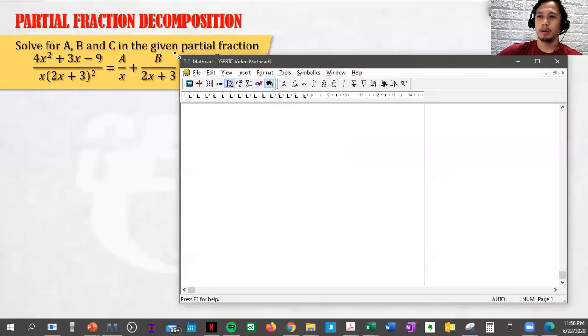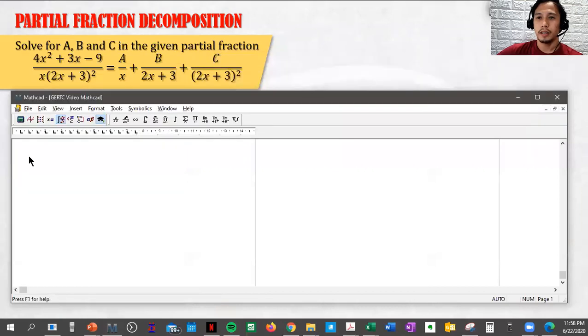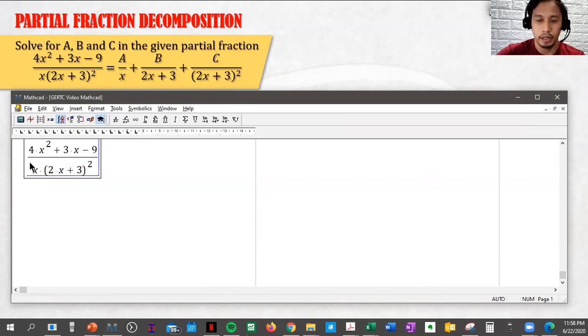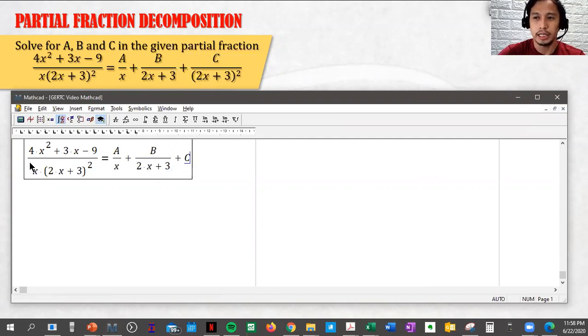So, I will write it here first. 4x squared plus 3x minus 9 all over x times 2x plus 3, quantity squared, and that is equal to a over x plus b over 2x plus 3 plus c over 2x plus 3 squared.